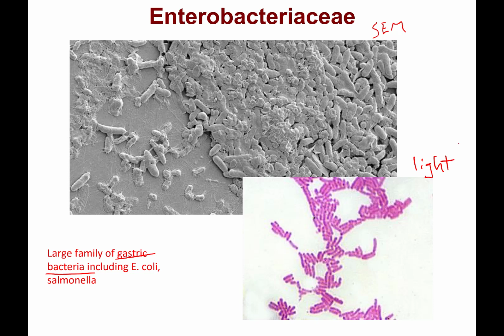You can see these have more of a rod-like appearance as opposed to the spherical appearance of the Staphylococcus bacteria on the previous slide. They also have a different color on the light microscopy. Again, this is a Gram stain, whereas the Staph aureus was purple. This is E. coli actually shown here. It has a pink color instead of that deep purple, so it's Gram negative.